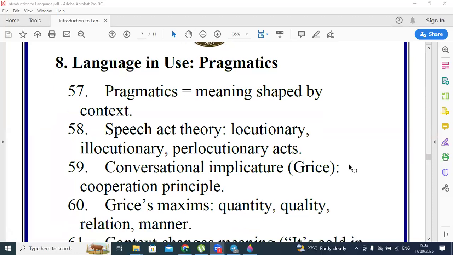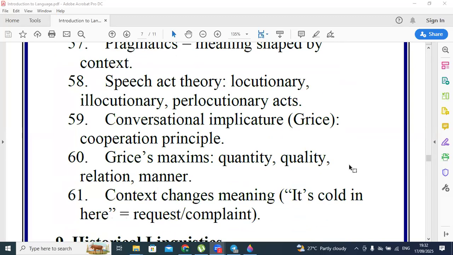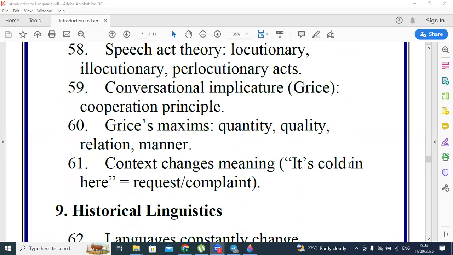Grice, cooperative principle. Grice's maxims: quantity, quality, relation, manner. Context changes meaning, as in a request or a complaint.